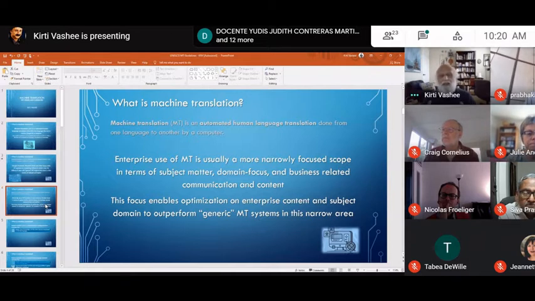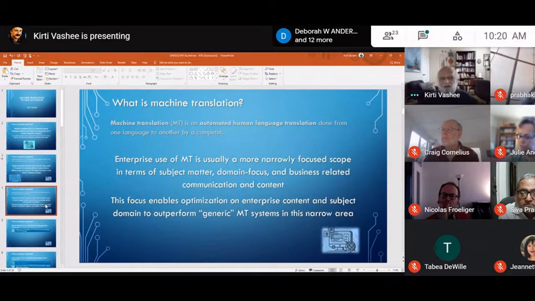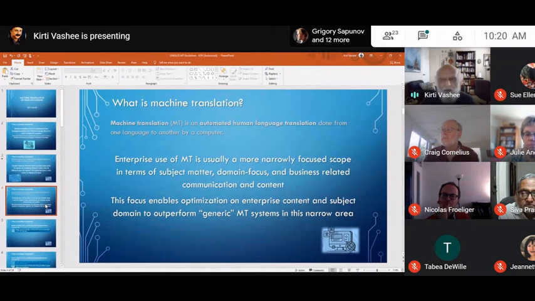And so along with the generic engine portals, the public portals, there has been an increase in the number of capabilities available for individual enterprises to build MT engines that focus on the subject matter that they most care about.